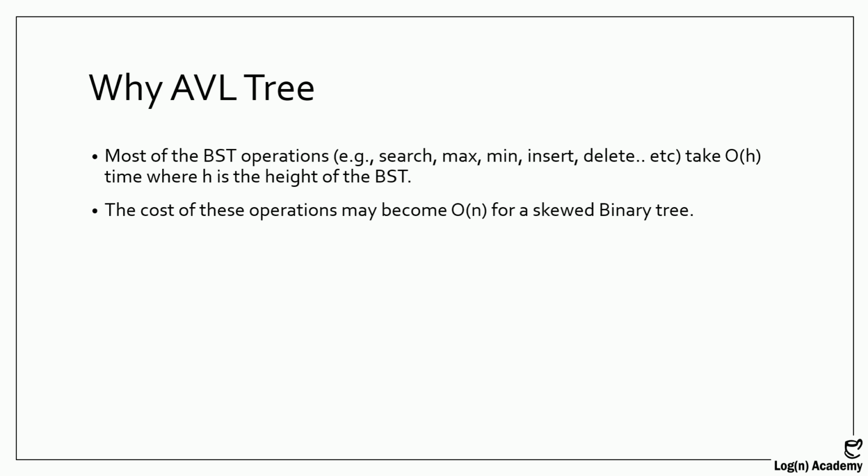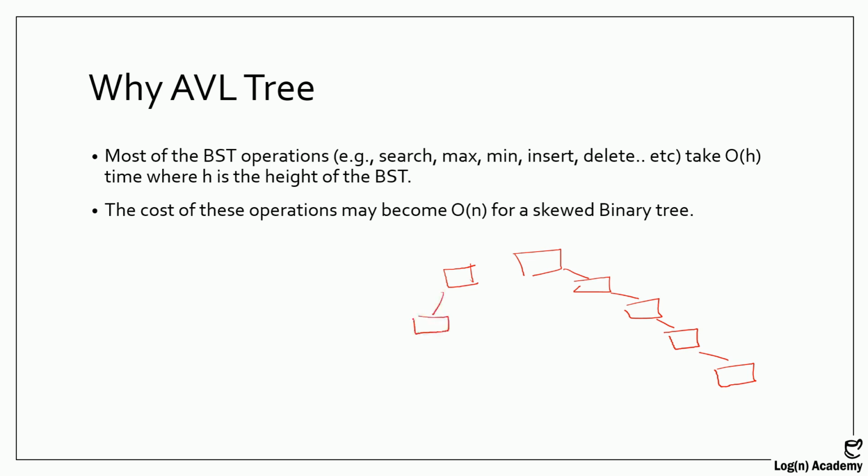Now, what was the skewed binary tree? In the last lecture, I showed you a tree like this. This is called a skewed binary tree, either on the right hand side or on the left hand side.